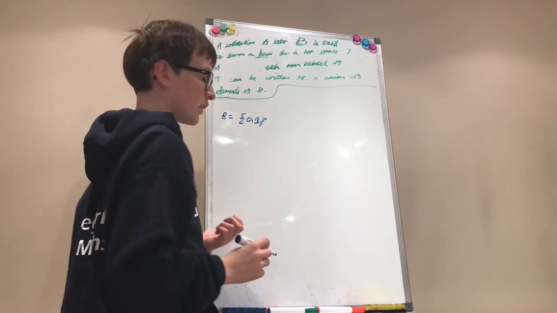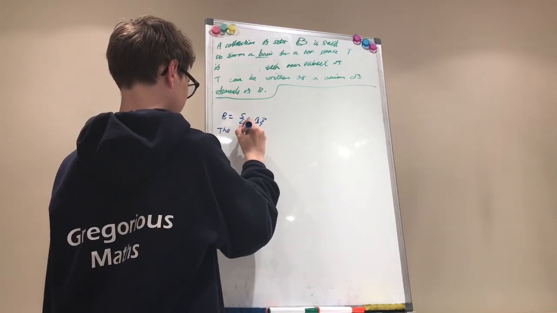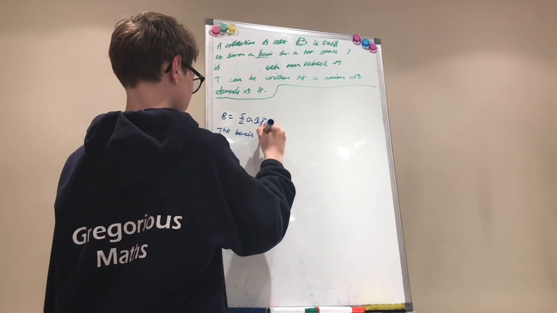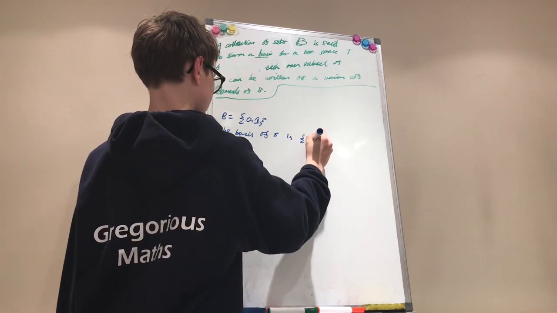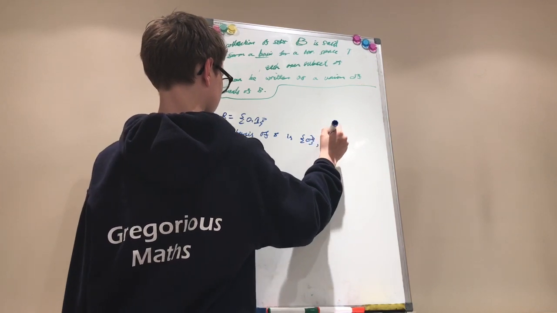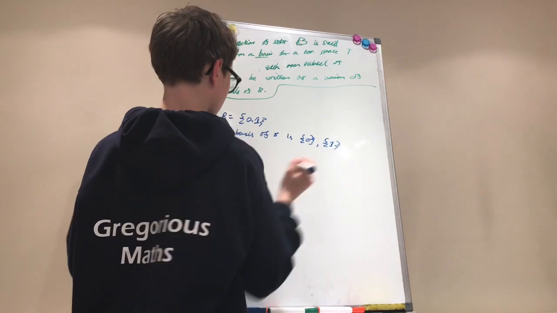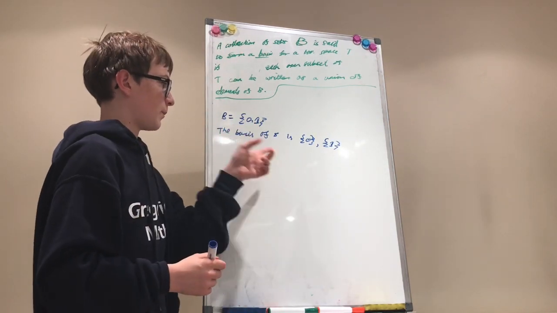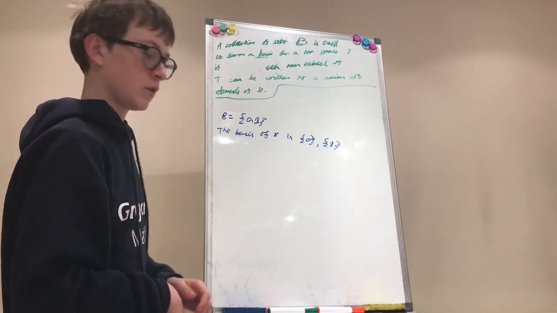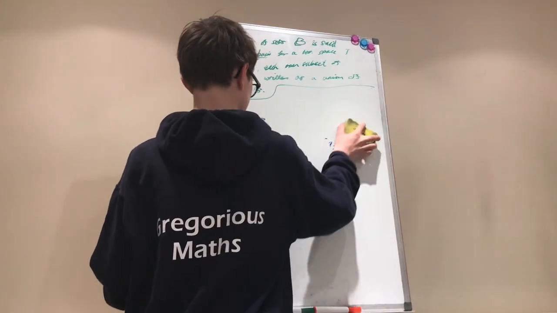Let's say it has the discrete topology. The basis of B is {0} and {1}, because every single subset of B can be written as a union of those two. That's basically all it is.